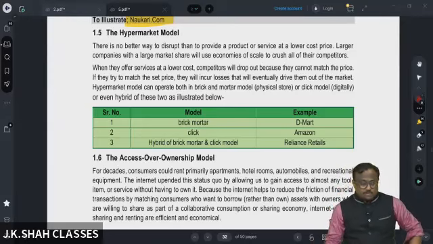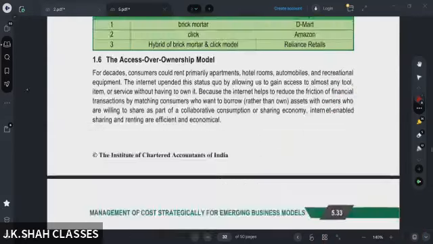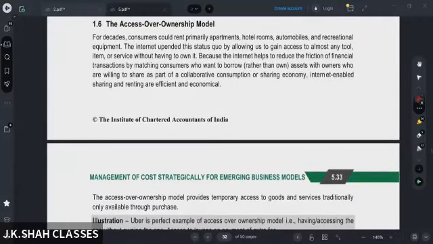So that is your hypermarket model. Just have a glance on it. Done.